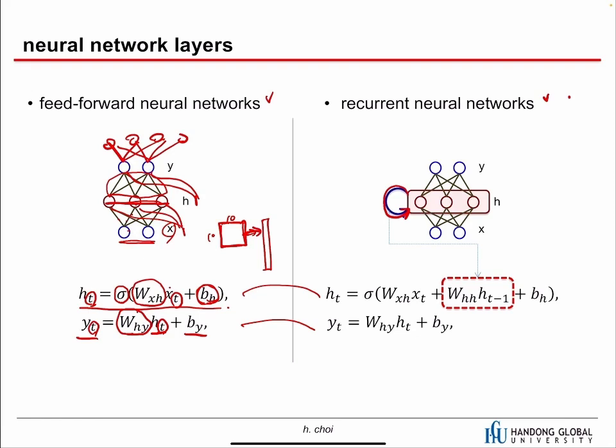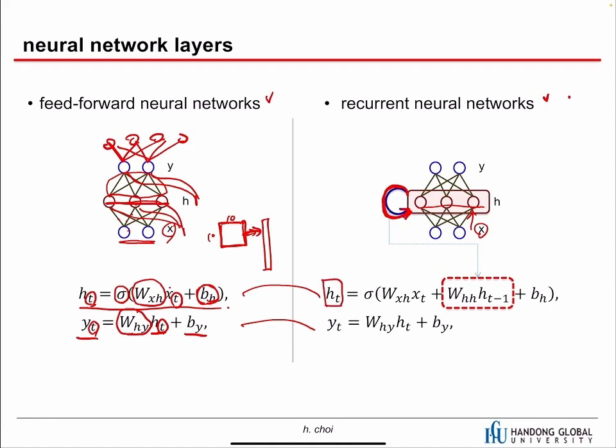So instead of x, we have x of t, and it goes up, and we can make a hidden layer. But at the same time, when we feed this x, the previous hidden representation also comes back to make the next hidden state.